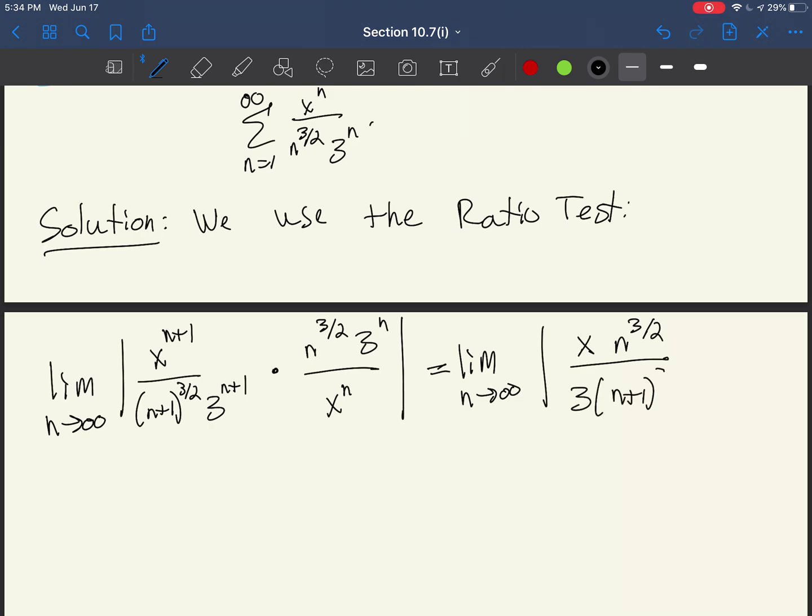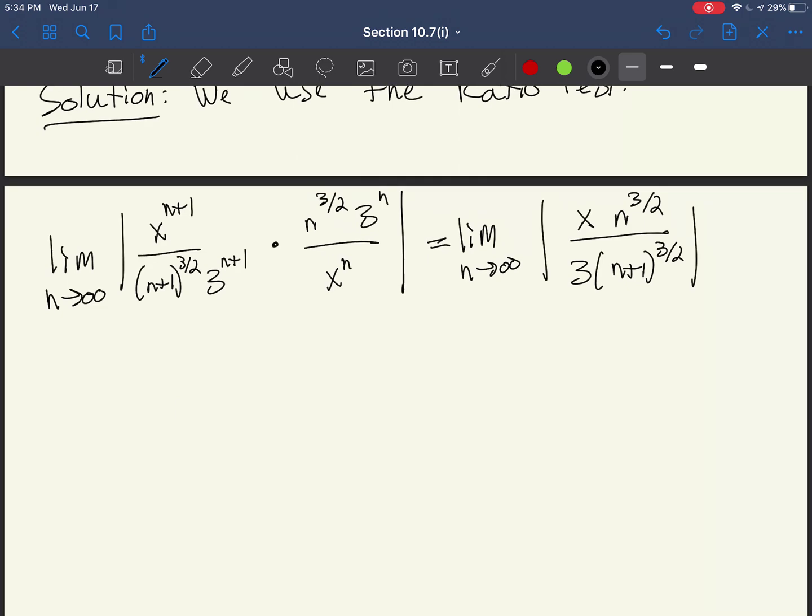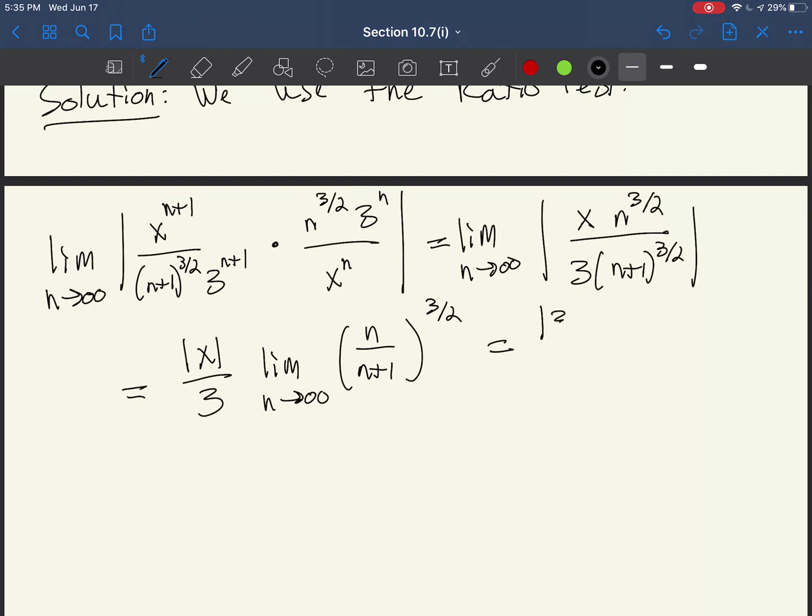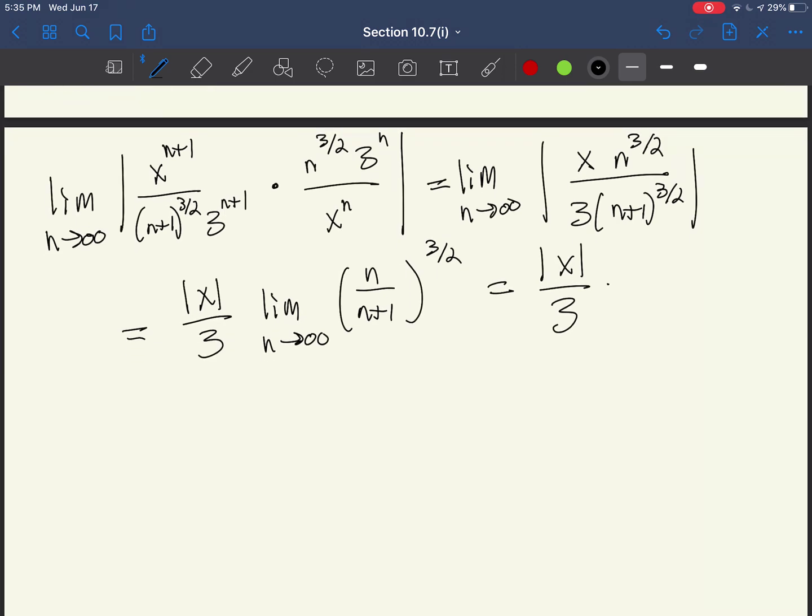We have n to the 3 halves divided by 3 times n plus 1 to the 3 halves. Well, this is the absolute value of x divided by 3 times the limit as n goes to infinity of n divided by n plus 1 to the 3 halves. Bring the limit inside. You see that that limit is 1. Raise it to the 3 halves, and we get the absolute value of x divided by 3.